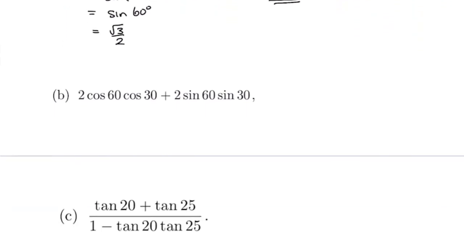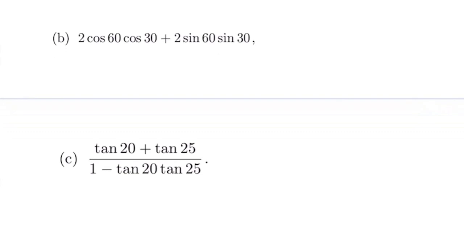Okay, now the next one we're going to look at is 2 cos 60 cos 30 plus 2 sine 60 sine 30. So the first thing I'm going to do is take out the 2. So it's 2 lots of cos 60 cos 30 plus sine 60 sine 30.